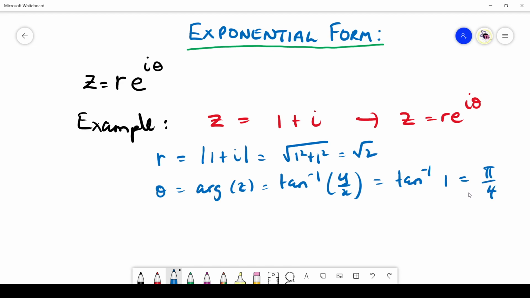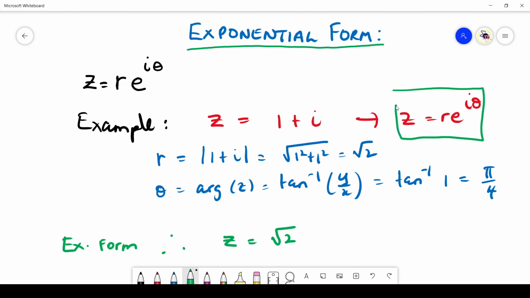All right, guys, so now that we have values for r and theta, therefore, in exponential form it will simply look as follows. z is equal to r, which is root 2, so we're putting it in this form here. Root 2 e to the i theta.